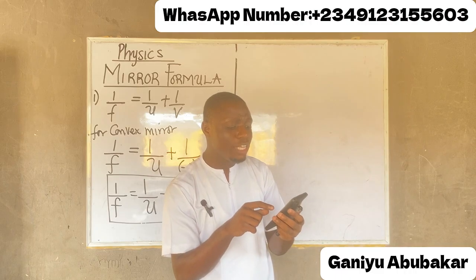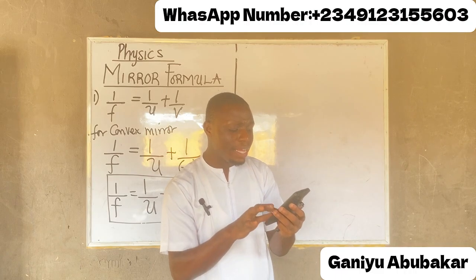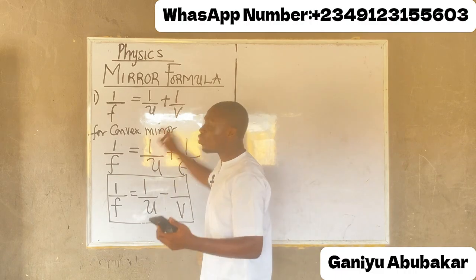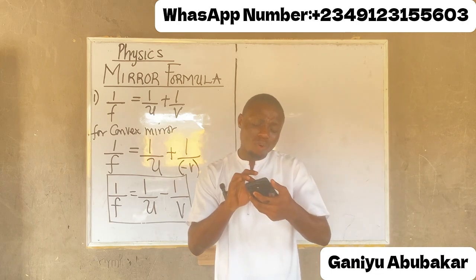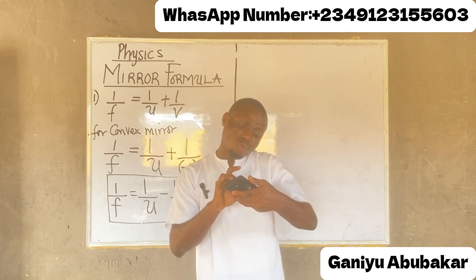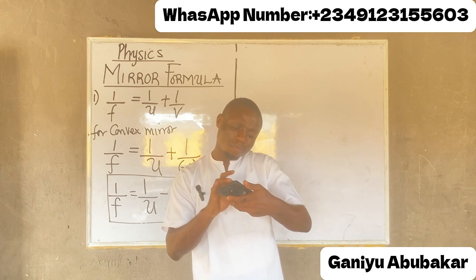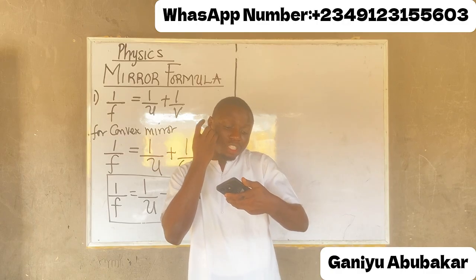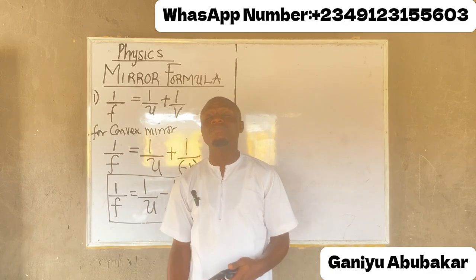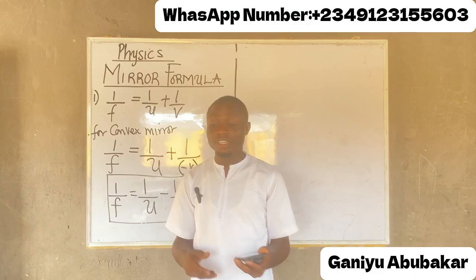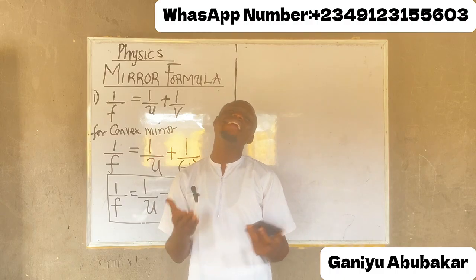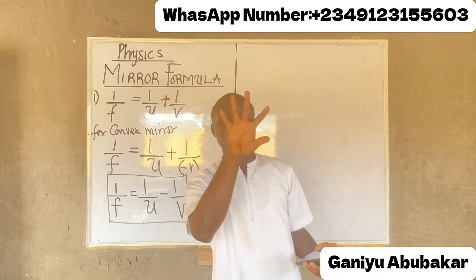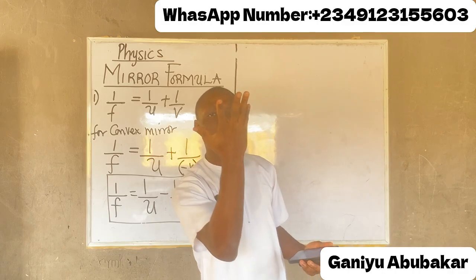The nature of the image produced by a concave mirror is real and inverted at the same time. It will be as if you swap it to the other side.